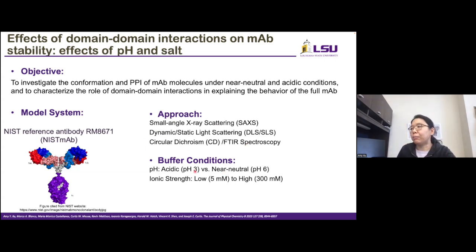As for the buffer conditions, we chose pH 3 as a representative of the acidic conditions and pH 6 for the near-neutral conditions. And the ionic strength has been changed all the way from 5 millimolar to 300 millimolar, to cover this wide ionic strength range.